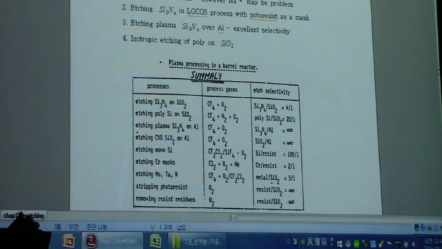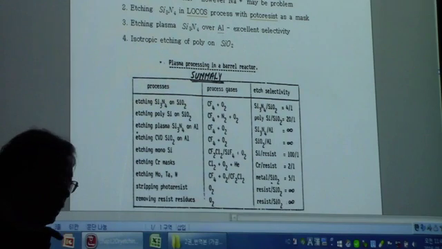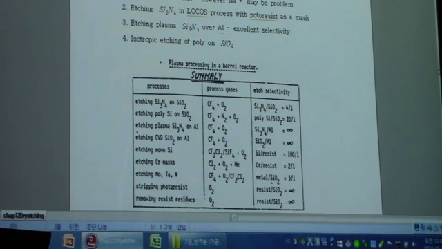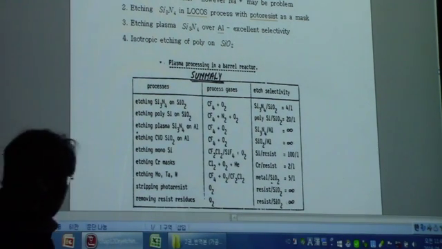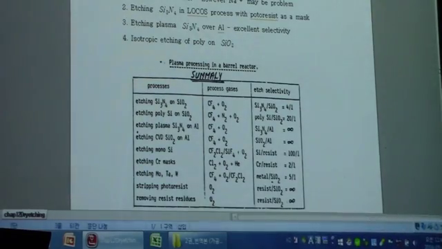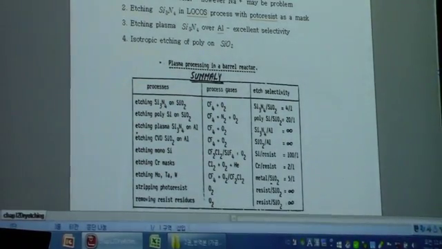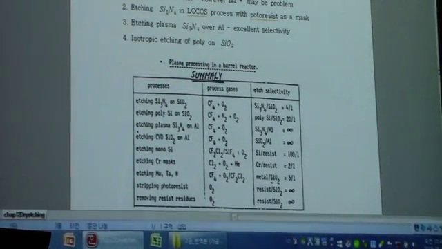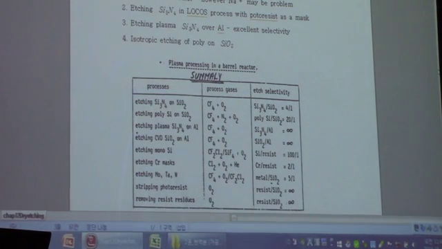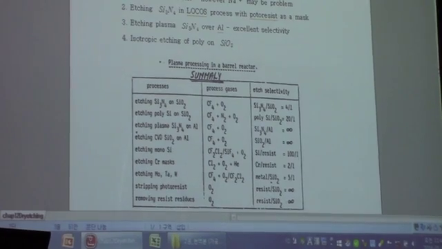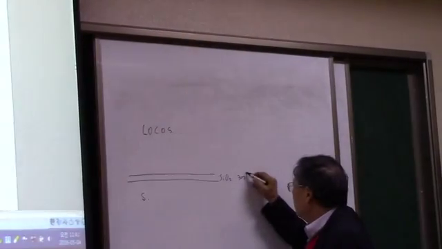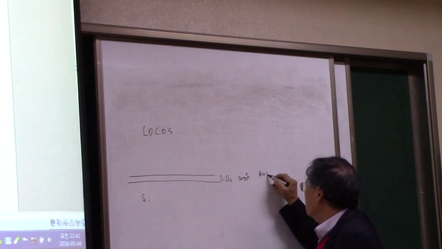Okay, do you remember the LOCOS process? In that case, we are in the situation where we have to etch the silicon nitride, which is deposited on top of the silicon oxide. Can you turn on the light for a minute? In the LOCOS process, for example, in the silicon, we form a silicon oxide, 300 angstrom, as a base oxide, we call this.